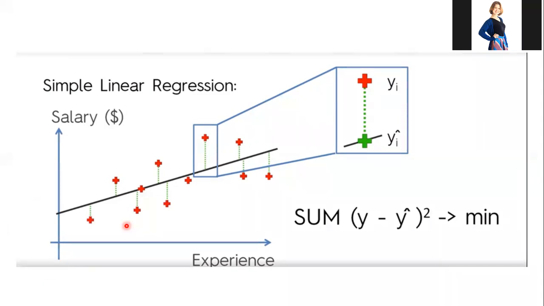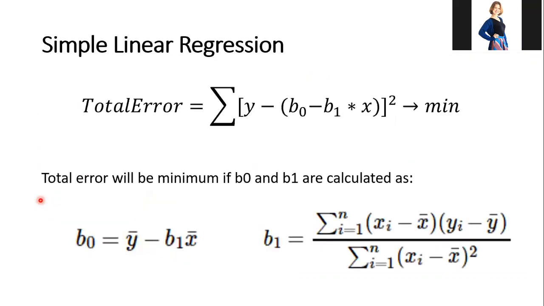If height is equal to 0, it means that weight should also be equal to 0, and you may think about whether linear regression is good for this case or not. But actually B0 is like a shift. So your salary starts with B0. For a new colleague without experience, you may predict a normal salary.